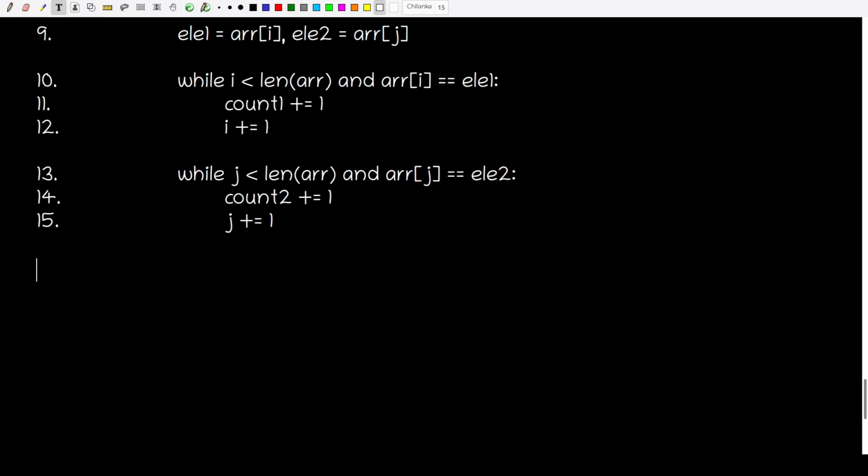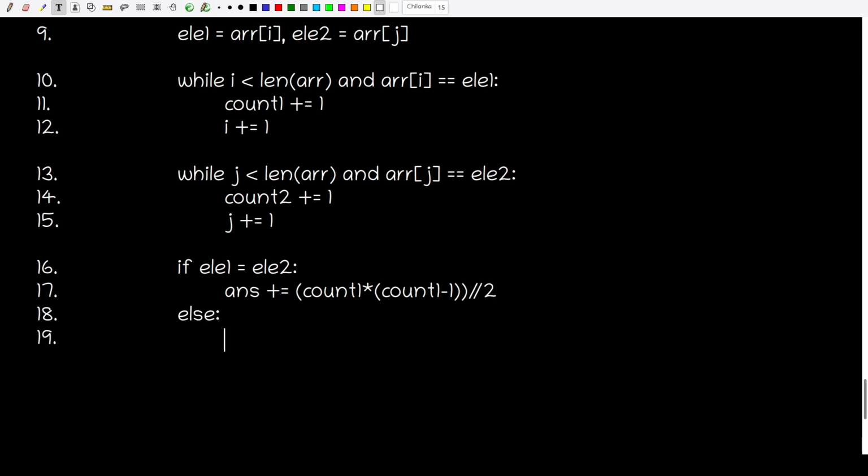Now, once we have counted the frequency, we just have to increase our answer appropriately. So let us do that. So for that, let us say if this is case 2, so for case 2, element 1 should be equal to element 2. If this is case 2, then in such case, answer will be increased by count 1 into count 1 minus 1 divided by 2.